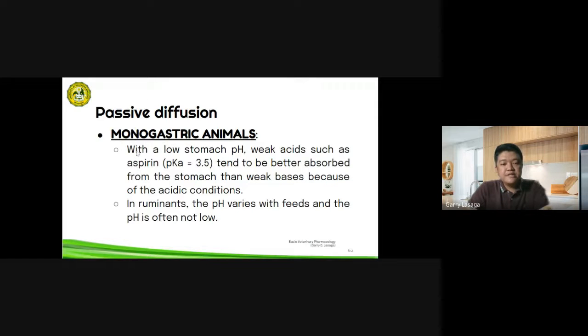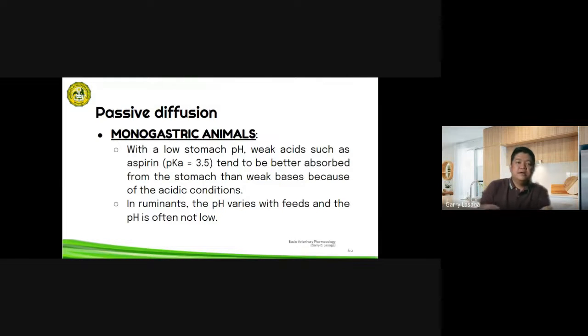So for those drugs that are weak acids, they tend to be better absorbed from the stomach because when we are going to place an acidic drug to an acidic environment, that drug would be unionized. The proportion of the unionized form of the drug would be higher as compared to its ionized form.